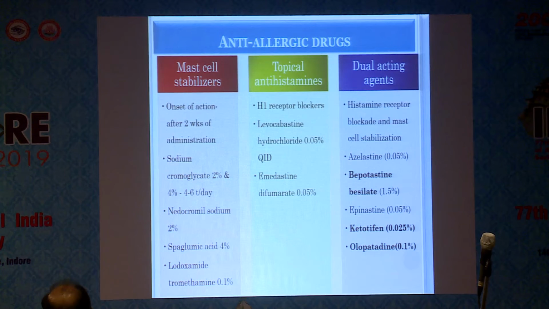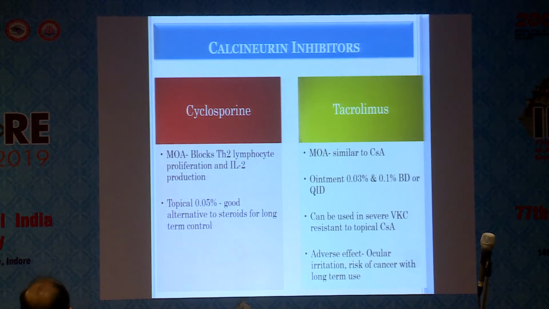So that's why dual-acting agents like olopatadine, ketotifen, and currently bepotastine also is being marketed with good results. So all these drugs are useful, and they help in improving the outcome. And the advantage of dual-acting agents is that the child doesn't like to put too many drops. So it works well. You just put a dual-acting agent and another lubricant, and maybe you can add something more depending upon the severity.